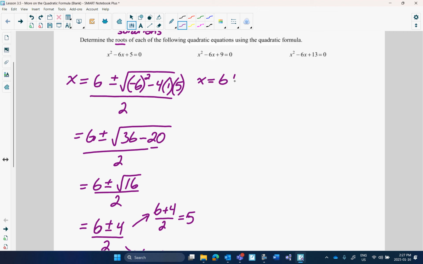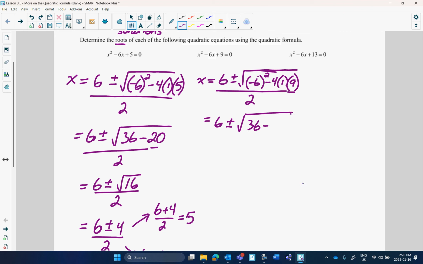Again, I get 6 plus or minus negative 6 squared minus 4 times 1, but in this case, c is 9, not 5, over 2 times a, which is 2. 6 plus or minus, well, negative 6 squared is 36, minus 4 times 1 times 9 is 36, over 2.